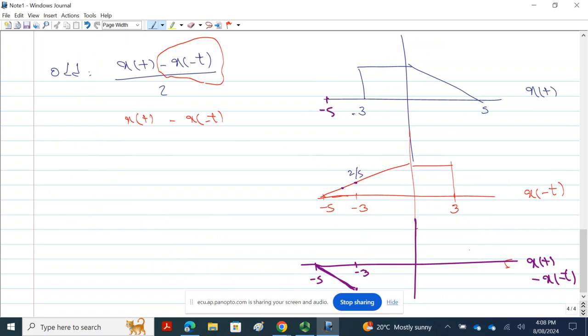So what I have at point t equal to minus 3 is, what's the value of xt? 1 minus 2 over 5, the answer is 3 over 5. So I'll have a sudden jump to 3 over 5, which is up here, right?